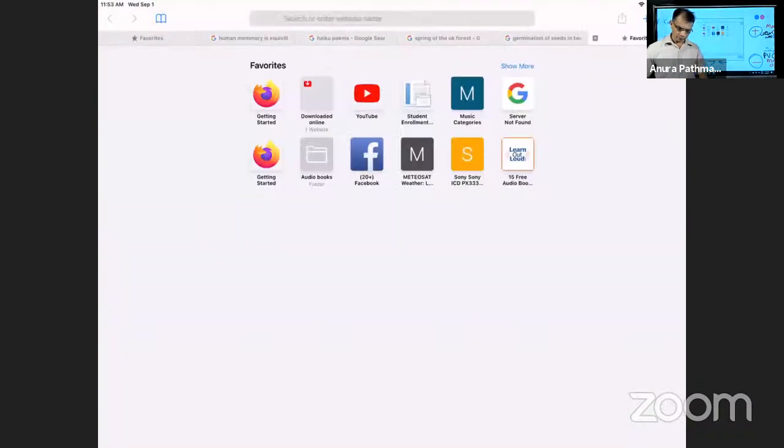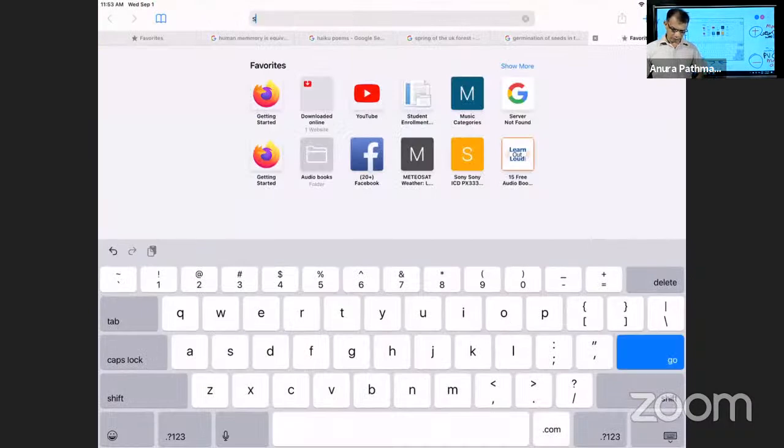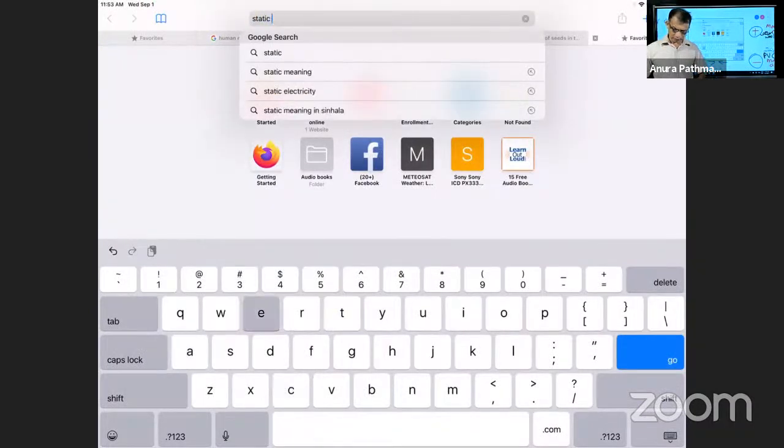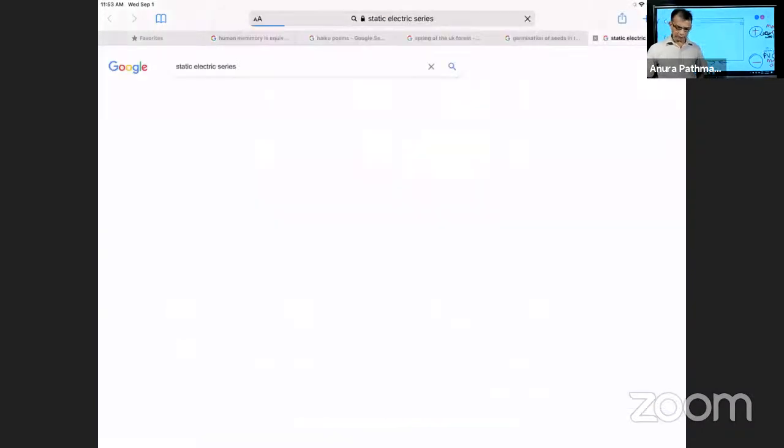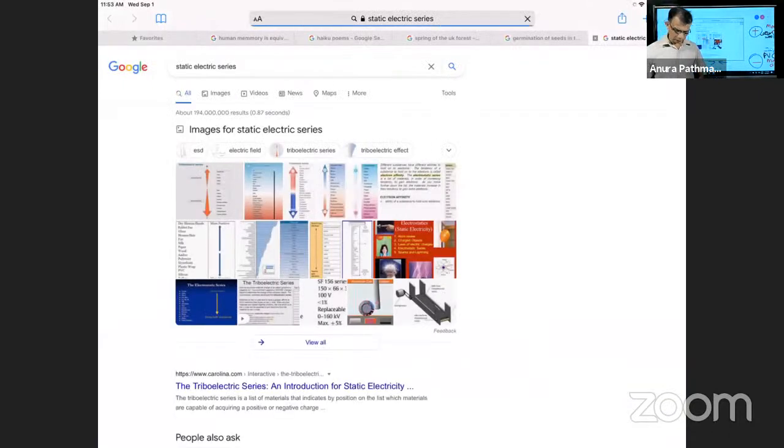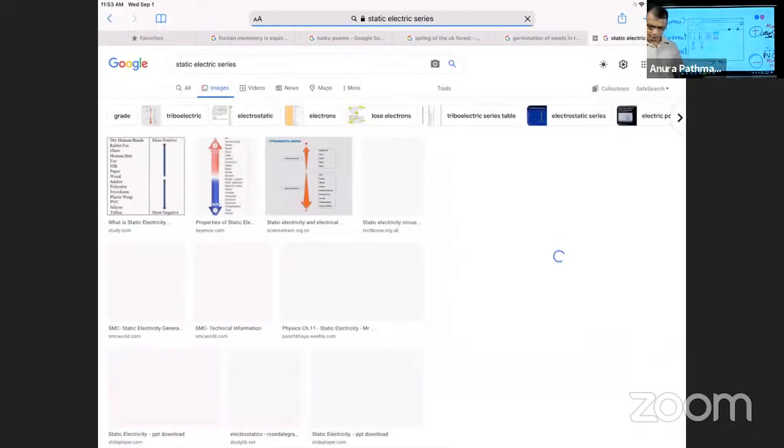Here you are, a static electric series. There you got all the things arranged. Can you see them?